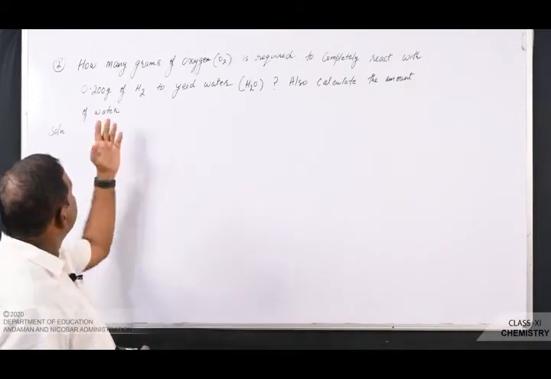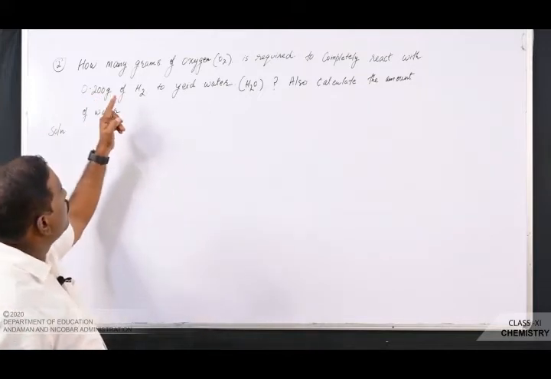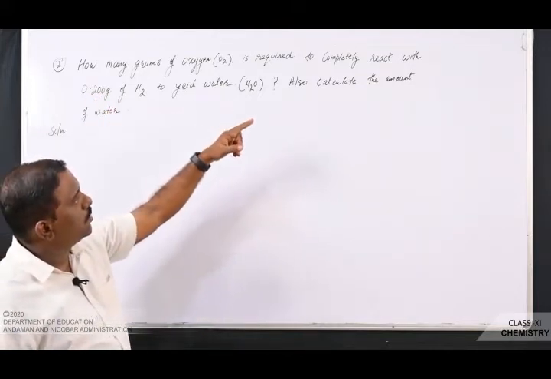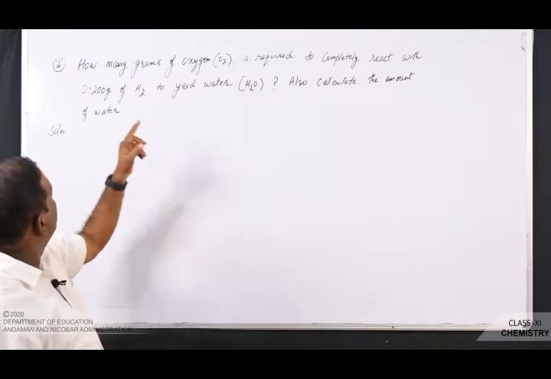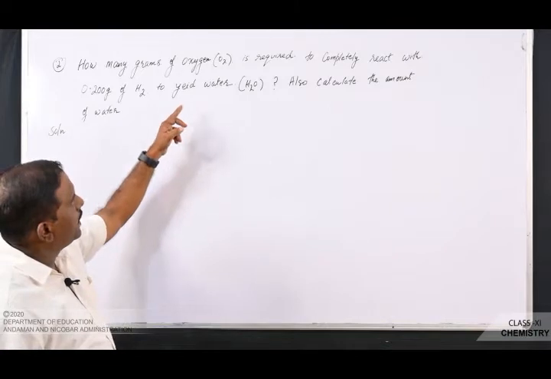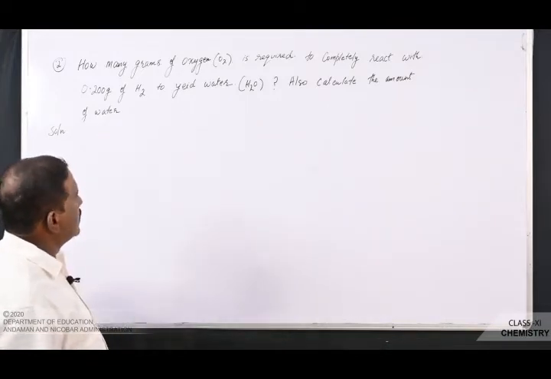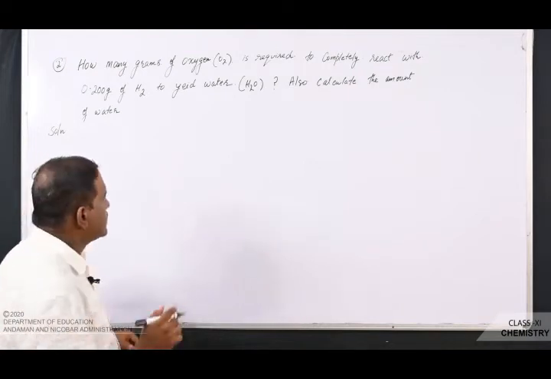So students, let us see first this question based on the stoichiometric calculation. How many grams of oxygen is required to completely react with 0.200 grams of H2 to yield water H2O? Also calculate the amount of water. At first we have to write the balanced chemical equation.